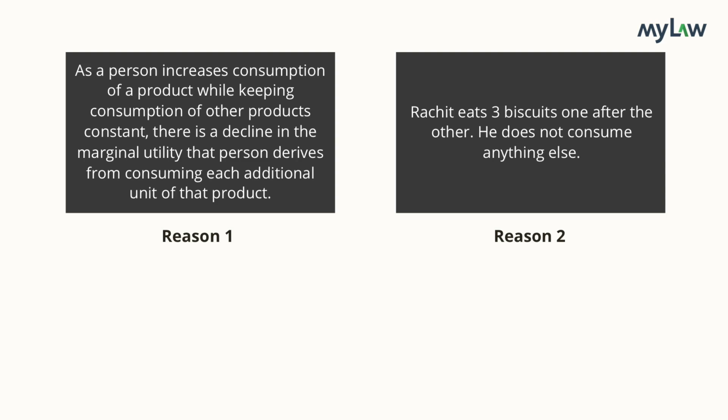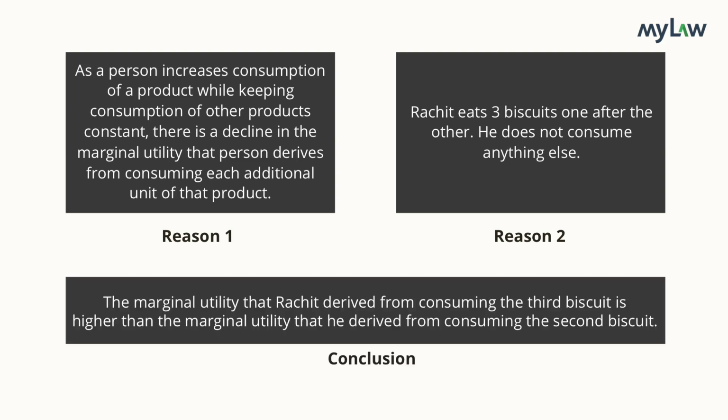Reason 2, Rachit eats 3 biscuits one after the other. He does not consume anything else. If these two reasons are true, then we have to conclude that the marginal utility that Rachit derived from consuming the third biscuit is lower than the marginal utility that he derived from consuming the second biscuit.